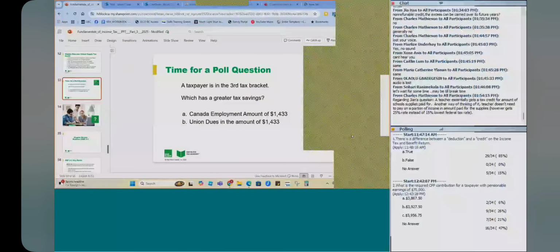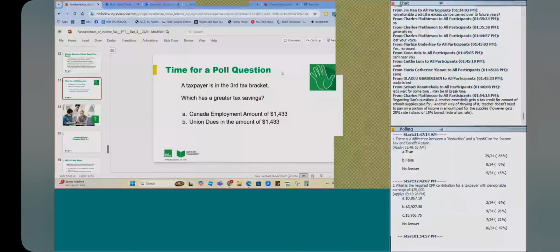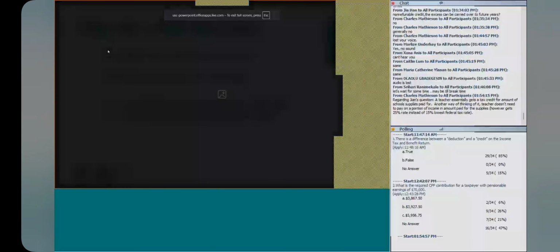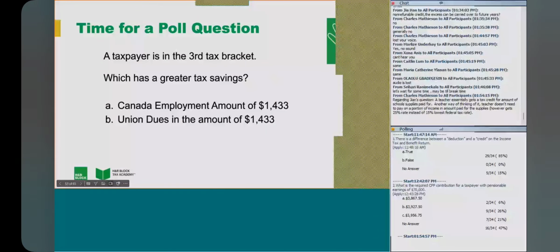All right, so let's open up the old poll. For someone who's in the third tax bracket, and they have union dues of $1,433 and a Canada employment amount of $1,433, which of these two things gives them greater tax savings?